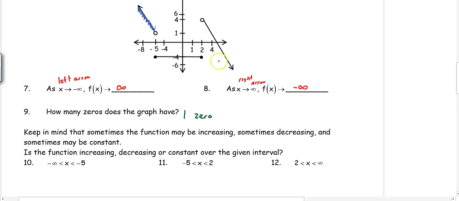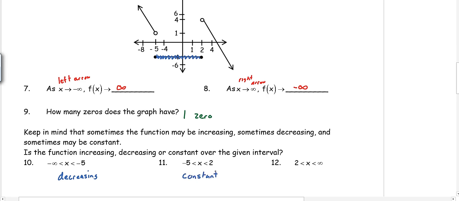I went down along that line, which means that I am decreasing. The next one is -5 to 2. So notice at -5 there's 2 dots. But we want to go from -5 to 2, which means we want to look at what this line is doing, because it's the line that exists in that interval. This line is a flat horizontal line, which means that it is constant.